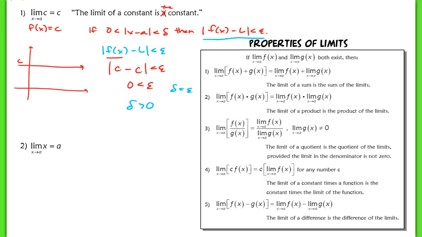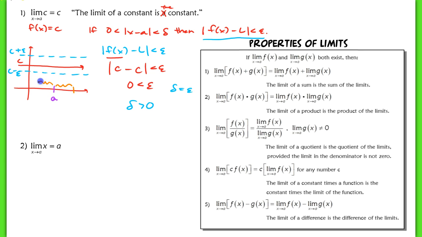If we draw that in, I think you can see it a little bit better. Let's say that this is c plus epsilon, and here is c minus epsilon. Now, whatever delta we choose, and here's a, we can make this interval as large or as small as we want. Let's say that delta is this wide here.